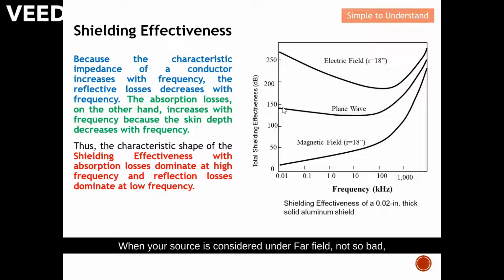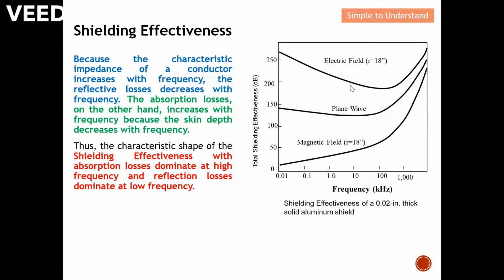When your source is considered under far field, not so bad, your shielding effectiveness is also at least 130 dB. Most likely you will be able to shield against far field.